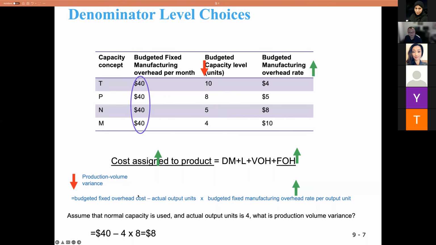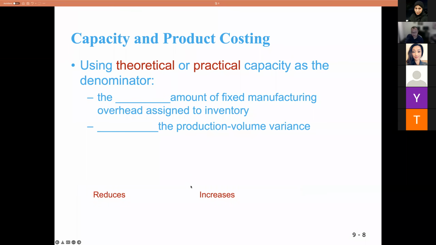So a fixed number minus actual output units times the rate. When the rate is lower, the variance will be higher. So that is why when you are using the theoretical or practical capacity, the rates are lower, and that will increase your production volume variance.